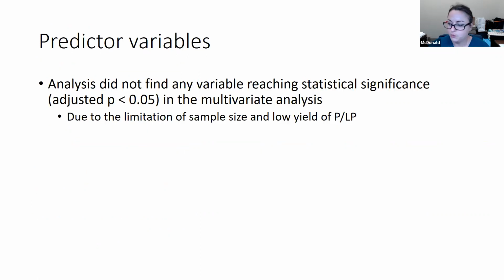So they did analysis to see if they could find any predictor variables. An analysis did not find any statistical significance among any of the variables. And they suggested this was due to the limitation of their sample size with the low yield of the pathogenic variants.